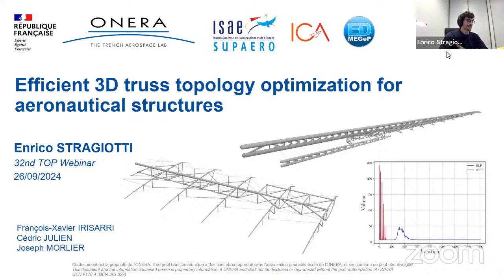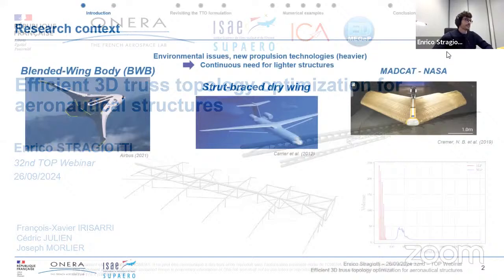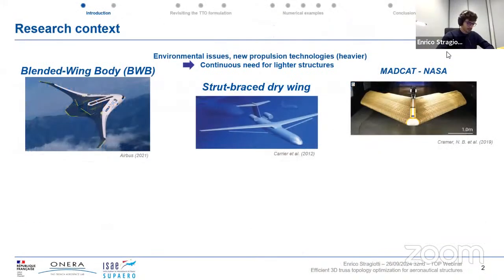Basically, the context in which my research is based is the aerospace engineering field, where in general there's a continuous need for lighter structures. This is due principally to new environmental issues that ask for new solutions, so new propulsion technologies that are usually heavier. We can see here some of these concepts.